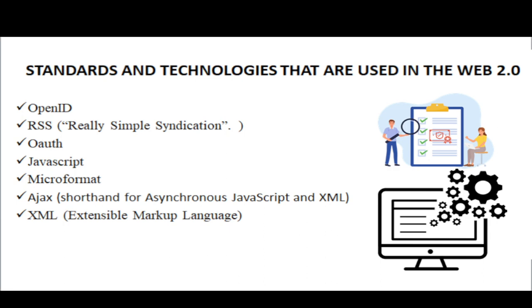Then JavaScript is an object-oriented scripting language that enables enhanced interactivity by providing a dynamic website. JavaScript is used to write functions that are embedded in or included from HTML pages to interact with the document object model, that is DOM, of the page.